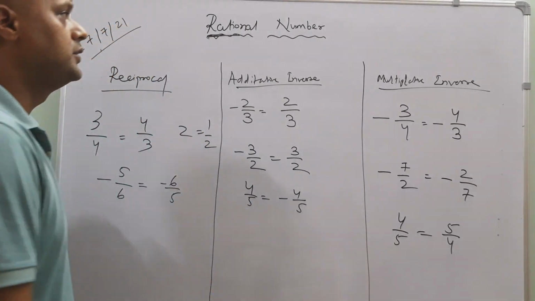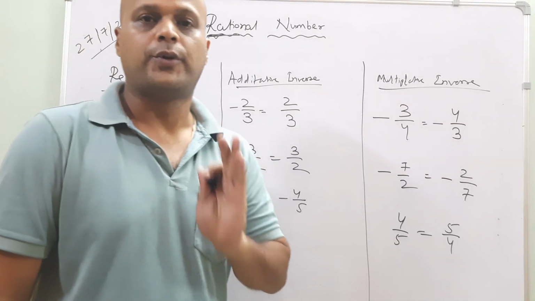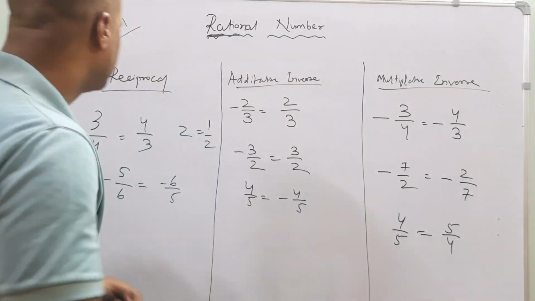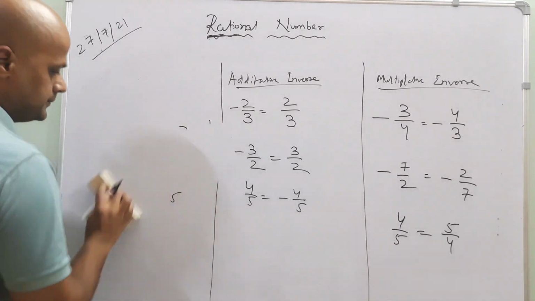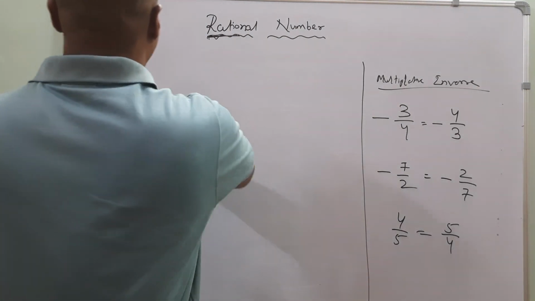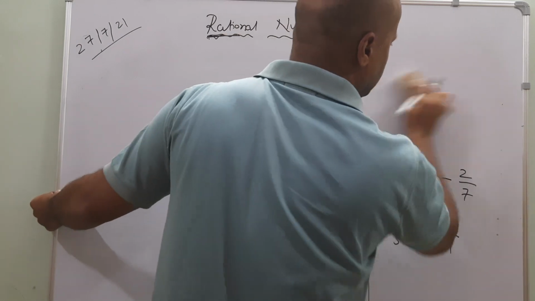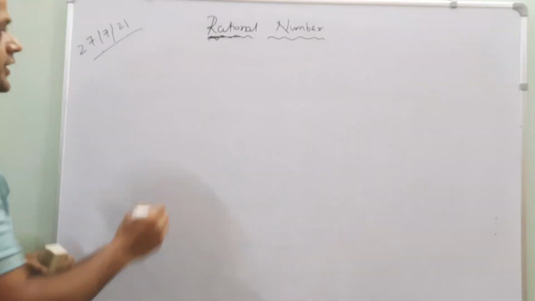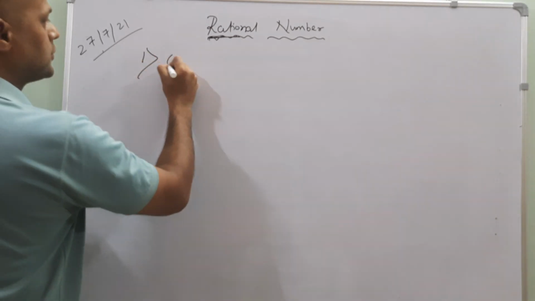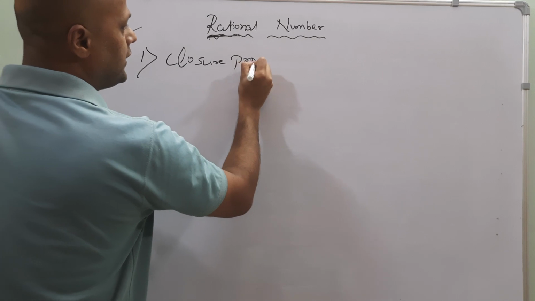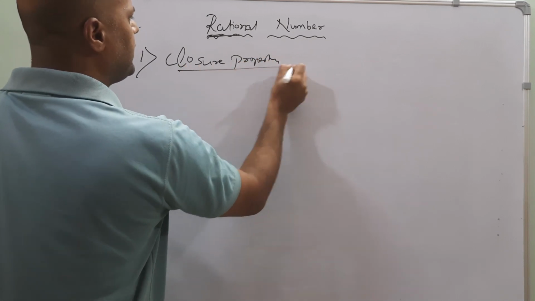Now come to the various properties of rational numbers. Let's check them one by one. The first property is called the closure property.